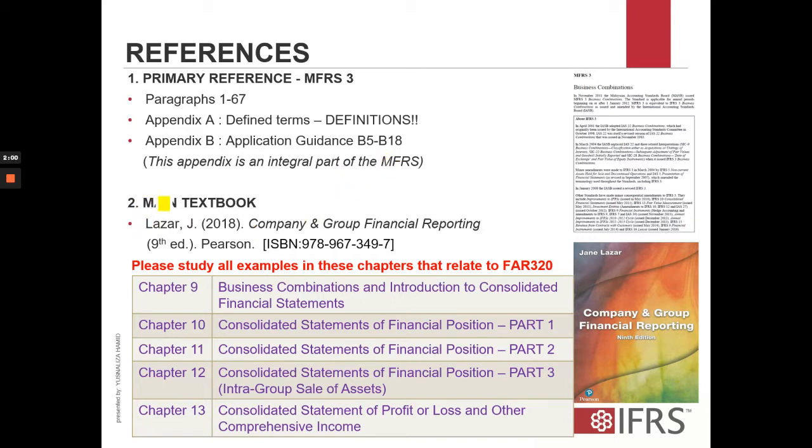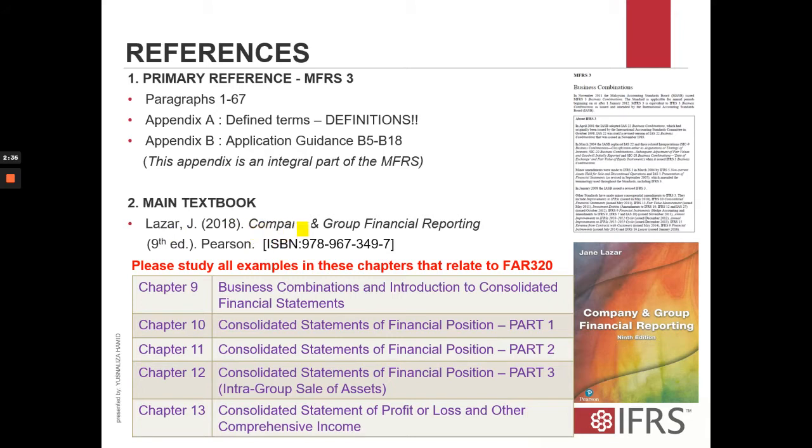And the textbook that is used for this course, FAR 320, Financial Accounting and Reporting, which is the introductory level that introduces business combination and consolidation to students for the first time, is the textbook by Jane Lazar, 9th edition, 2018.